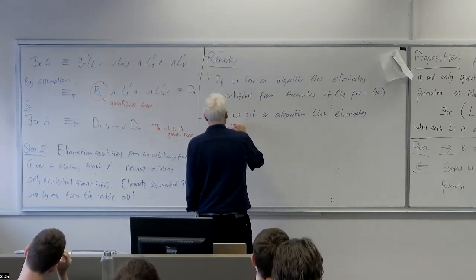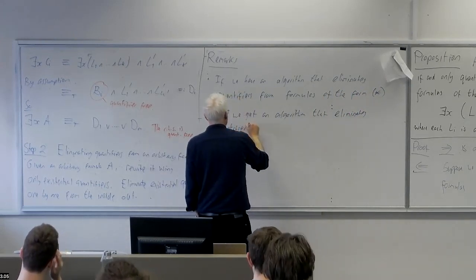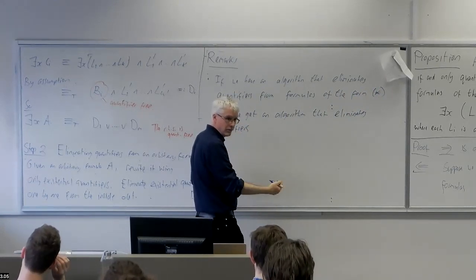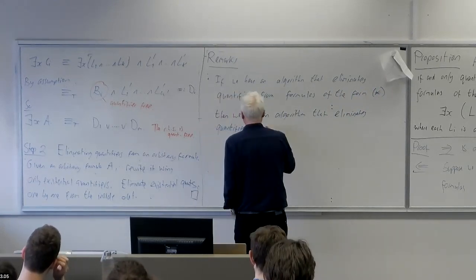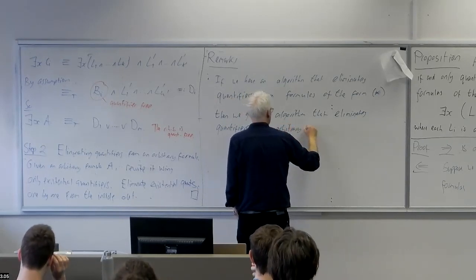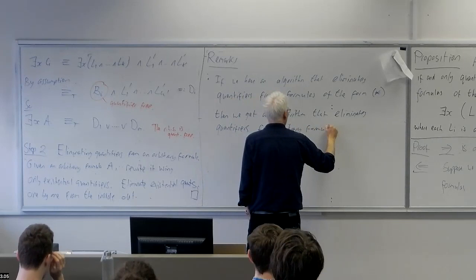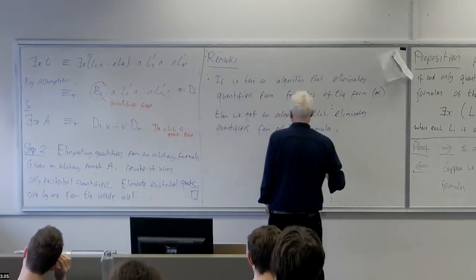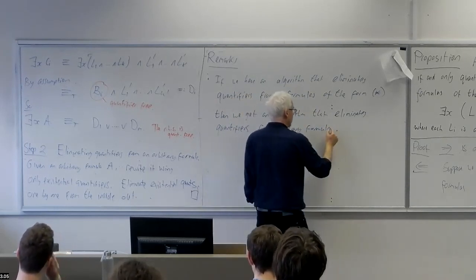We give it an input formula, and it gives us as output a quantifier-free equivalent formula. At the same time, we might tell it what free variables to work with.